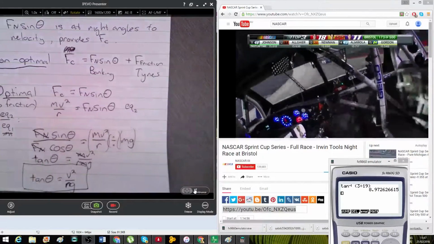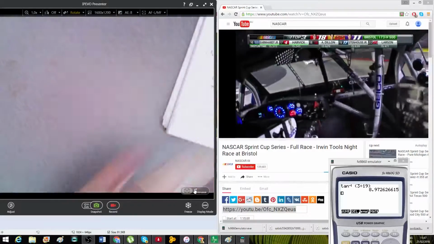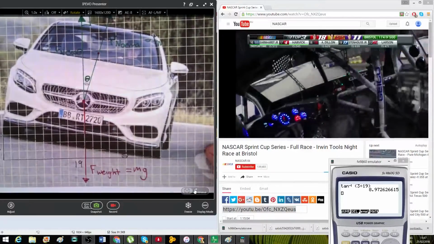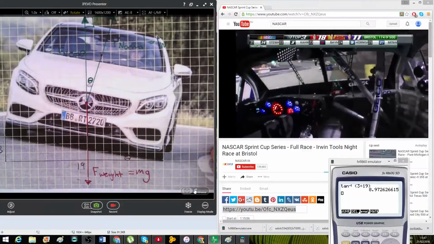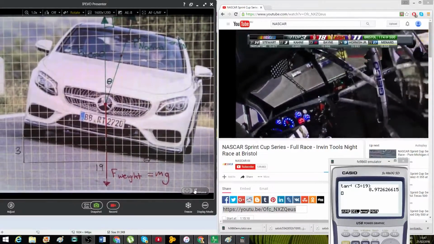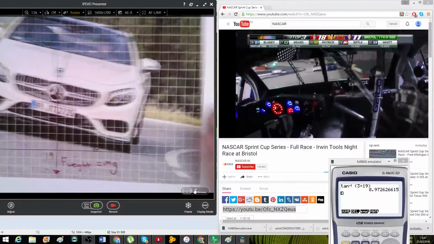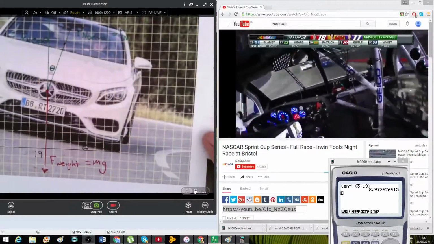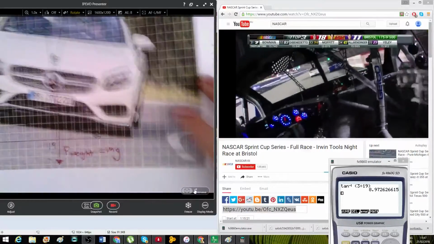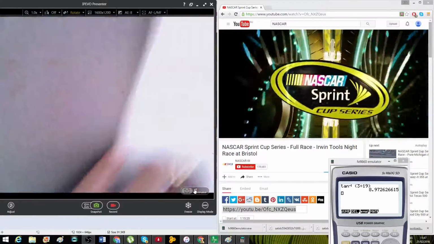Okay, so let's have a go at the question, and take it back to our car here. This car had a 9-degree banking. It's hard to say exactly where the radius would be, so I'm just going to be a bit creative with this.